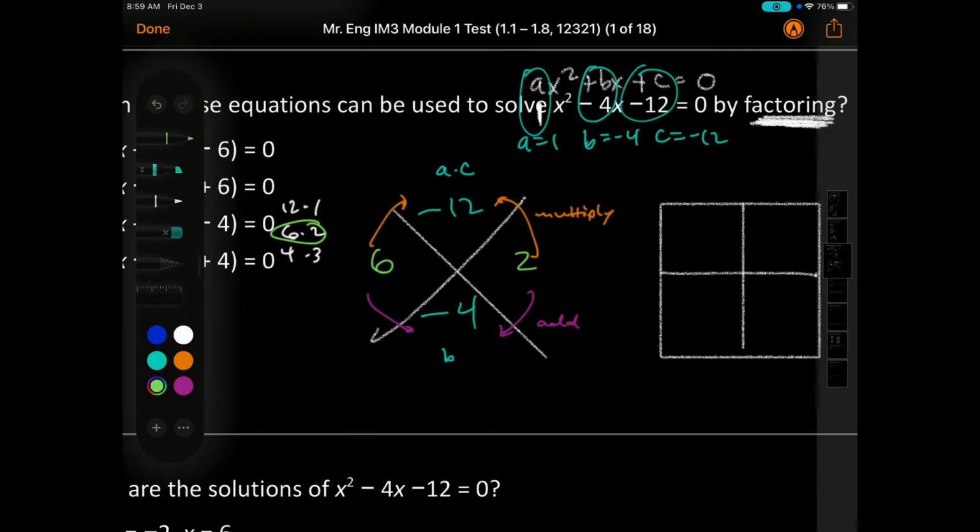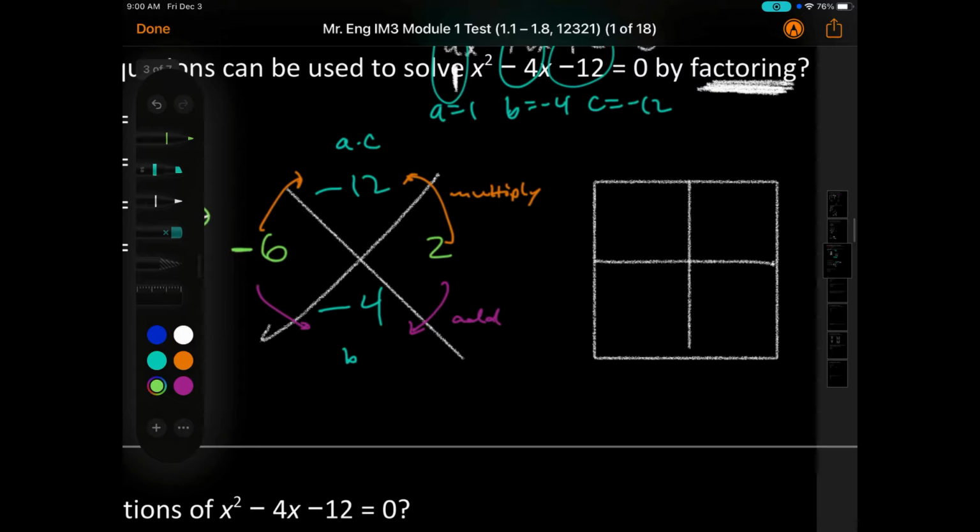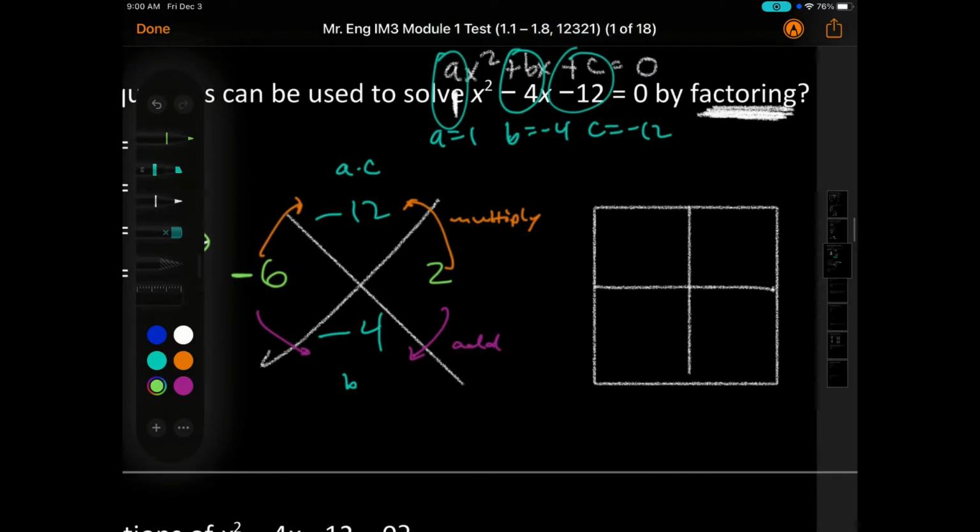So -6 plus 2 equals -4. And -6 times 2 gives you -12. Okay, the -6 and the 2 add up to this. So we have to add an x. -6x plus 2x equals -4x.